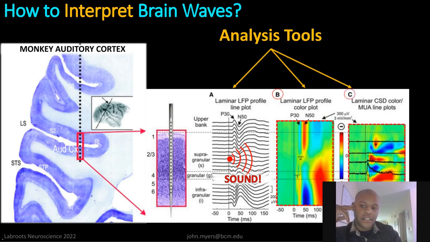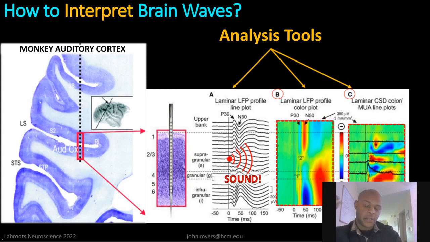The final measure here is CSD, or current source density. This tells us how local the activity is. This gives us an indicator as to the current sources and sinks, or input and output of electrical activity at this particular location.